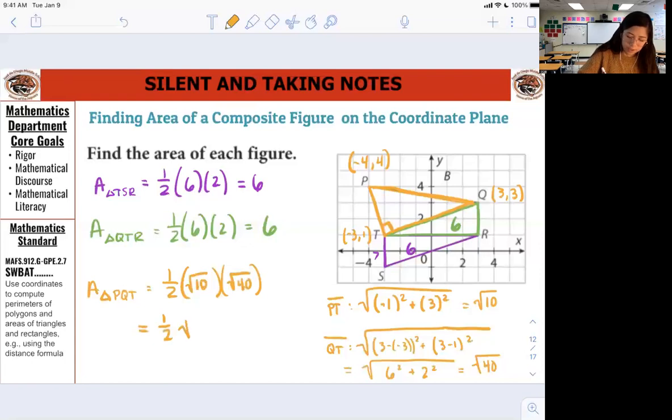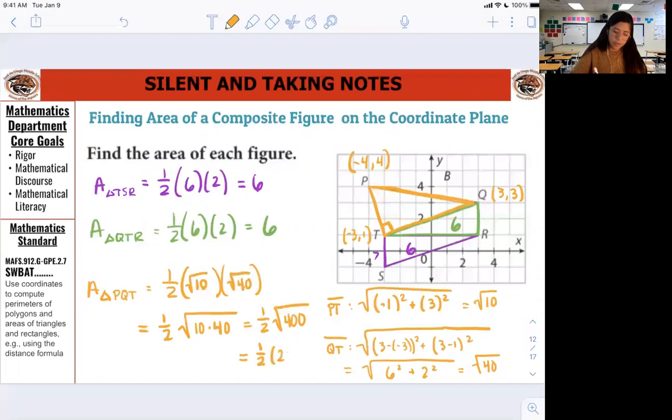So I can make this the square root of 10 times 40. What's 10 times 40? 400. What's the square root of 400? 20. Good. 1/2 times 20. Final answer is 10.